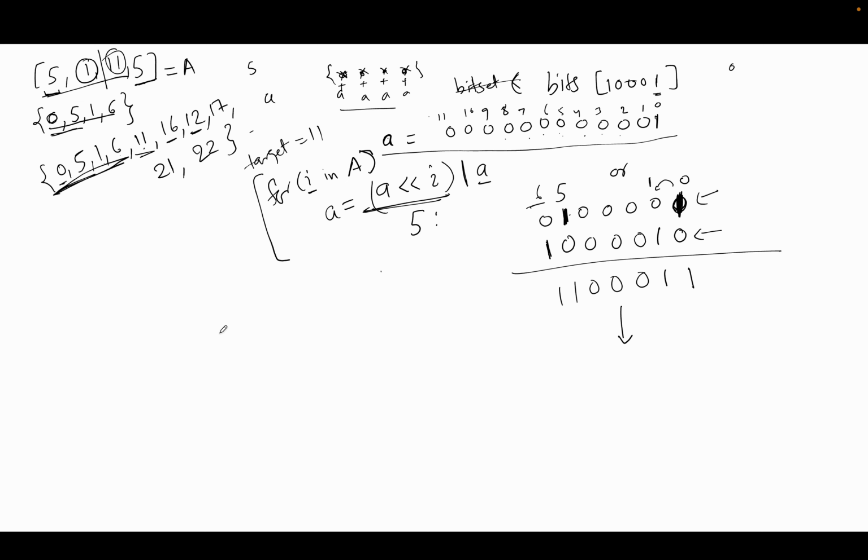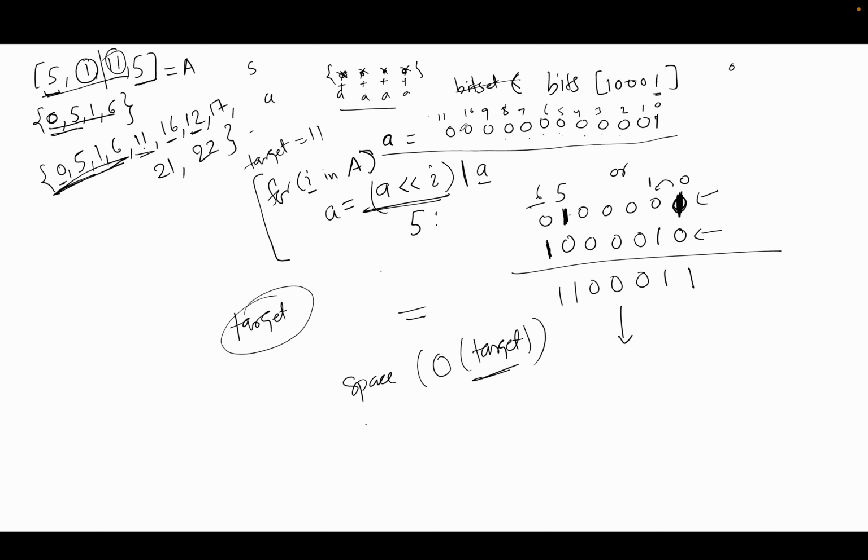And finally, what you will do, you will check whether target bit is set or not, and you will return. So this is another approach. So here space is just order of target, and in fact if you see it, yeah, it's order of target.